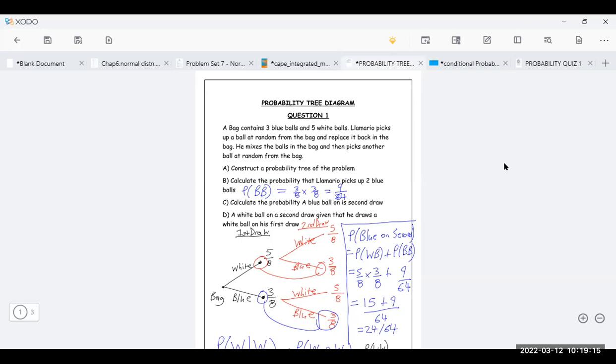I'm not sure if you sent this one. Oh, you're not seeing it? Let me see. Tree diagram. I didn't send it.